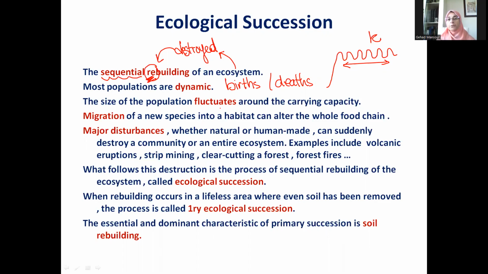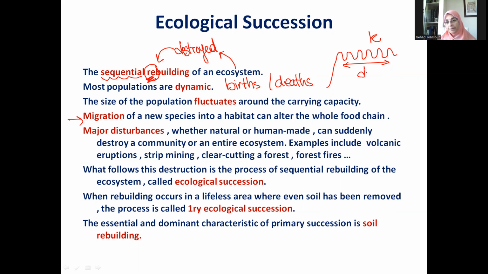As we said, the size of the population will fluctuate around the carrying capacity, and we might have migration of new species into a particular habitat, or certain other species can leave the habitat. Whether there is migration, an addition of new individuals and maybe new species to a certain ecosystem, or there was emigration and they left it, this would disturb the dynamic equilibrium for a while.